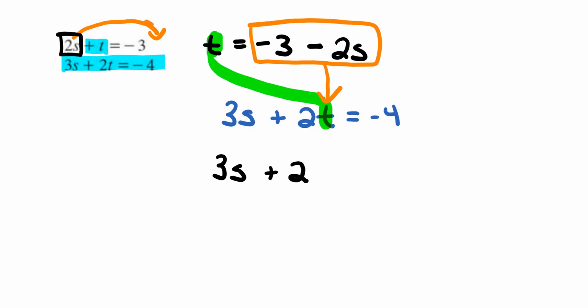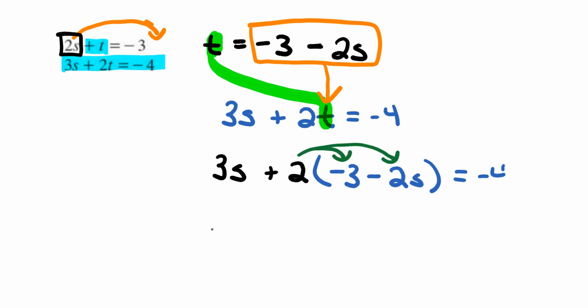Now, I don't need a t now. I need negative 3 minus 2s. And that equals negative 4. And after that, you can just distribute this. 3s minus 6 minus 4s equals negative 4.